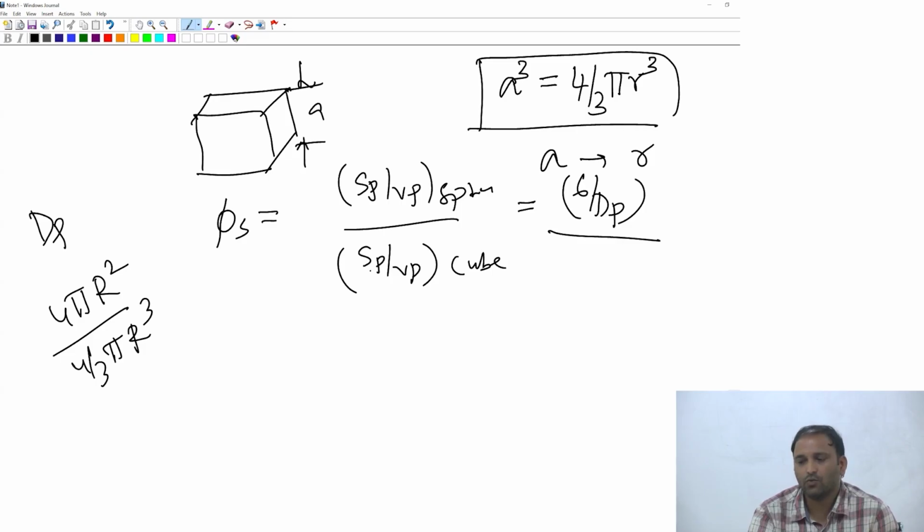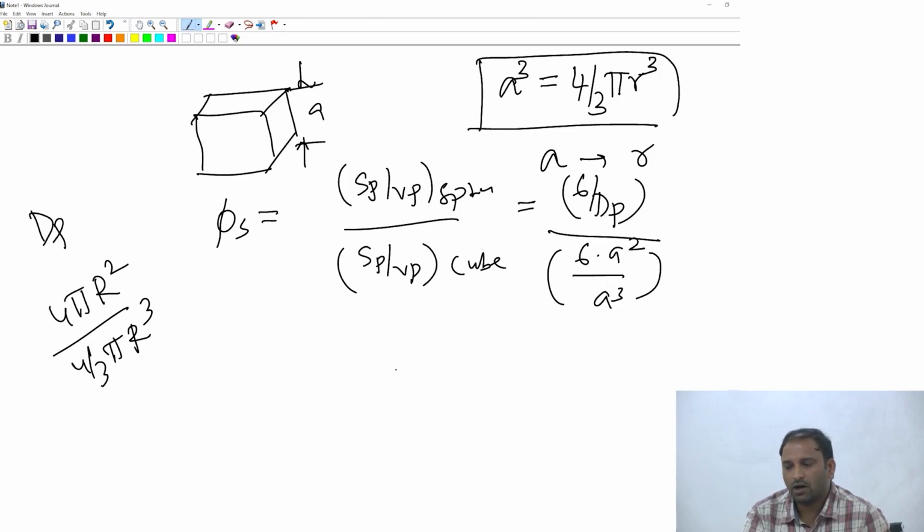And Sp of a cube is 6 times a squared, since you have 6 faces, and the volume is a cubed. Now you use this relationship and substitute for a in terms of r.